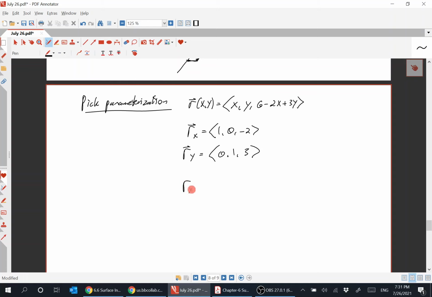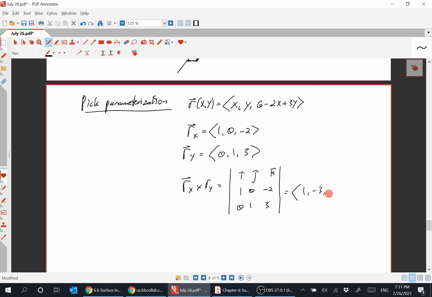And then you need the cross product. And here it doesn't matter which order you do the cross product in, because it's a scalar surface integral. i, j, k, 1, 0, minus 2, 0, 1, 3. So this cross product is 1. And then here it's minus 3.